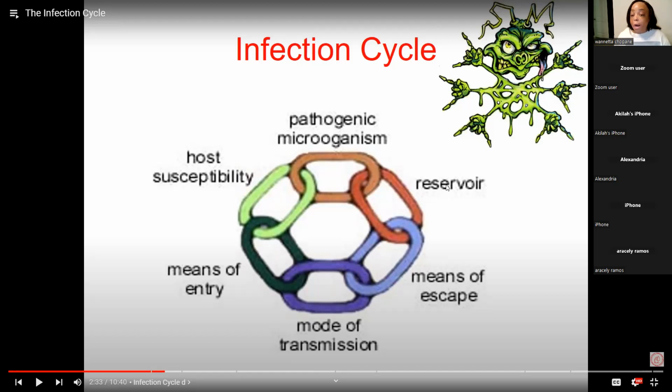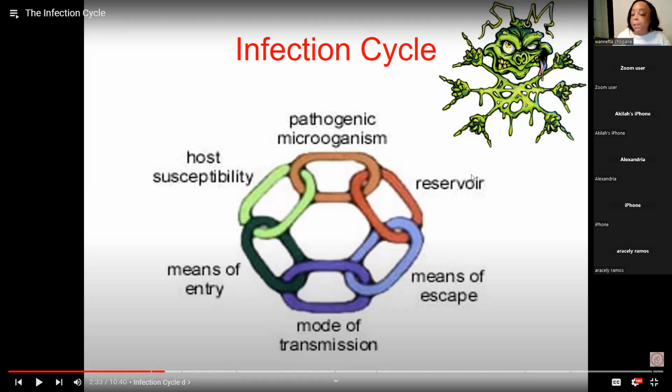Another name for reservoir is, where is it living? It was created here, and then it goes somewhere to live, waiting for you. I'm just kidding. It's living somewhere. So then after it lives, it finds a way to escape from where it lives. So that's what it says about means of escape.